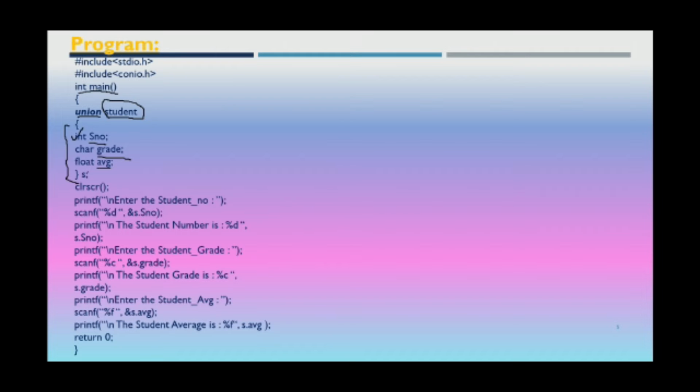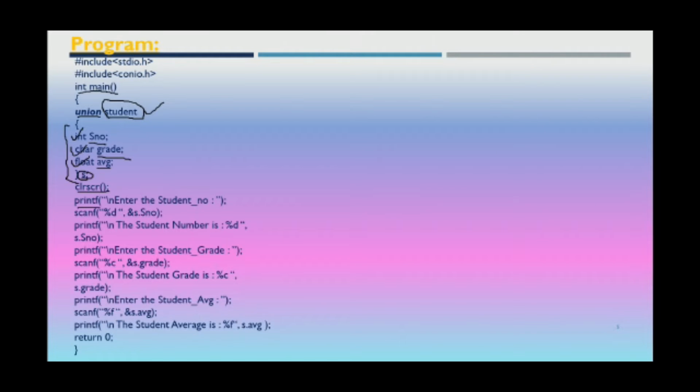Student number is of type integer, grade is of type character, and average is of type float. Here s is the union variable of type student, following which the clrscr function is used to clear the screen for the output.